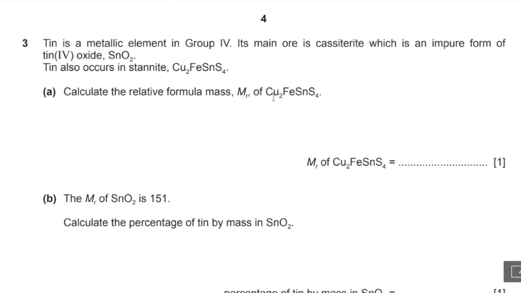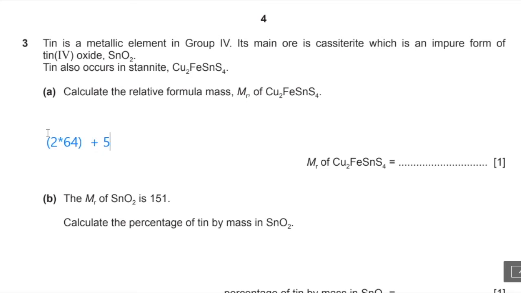Okay, so you multiply the relative atomic mass of each element with the number of atoms of the element in this compound. Starting with copper, we have 2 atoms of copper, and its atomic mass is 64, and then we add the rest of the masses.